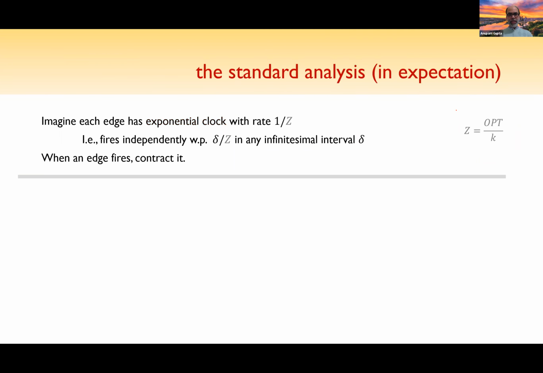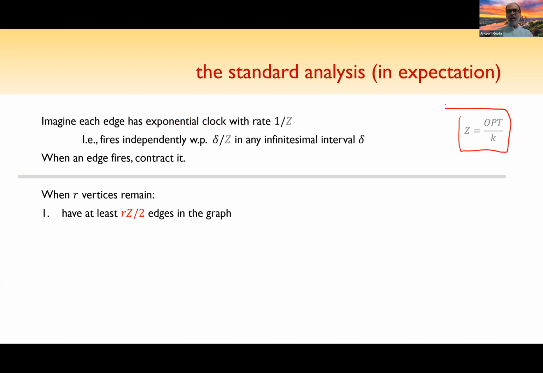Okay, so here's the standard analysis. When R vertices remain, I have at least R times Z over 2 edges in the graph, again using the definition of Z. This is the average degree argument. Because I am contracting every edge with this probability in an infinitesimal interval of length delta, I contract so many edges times the probability of contraction.